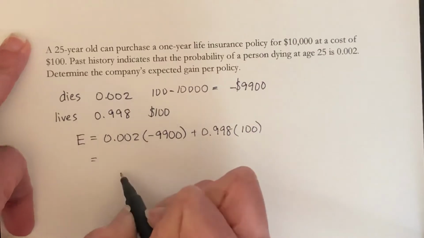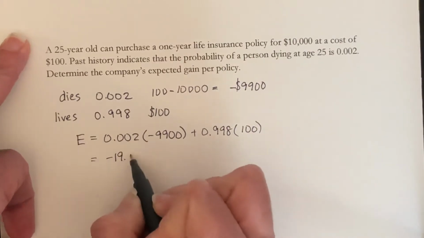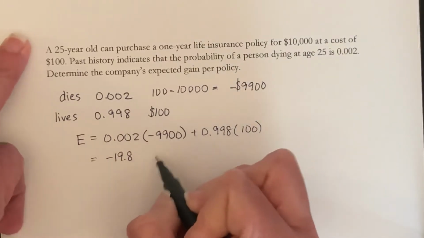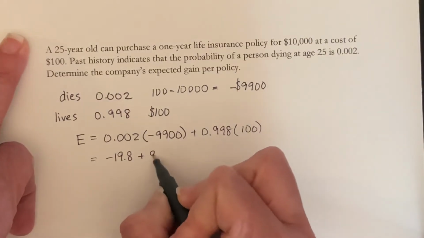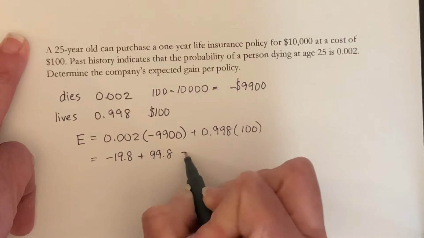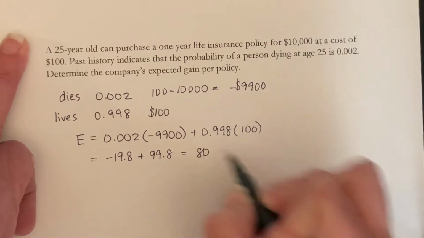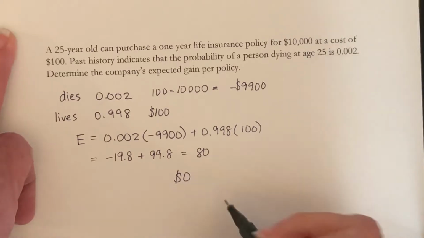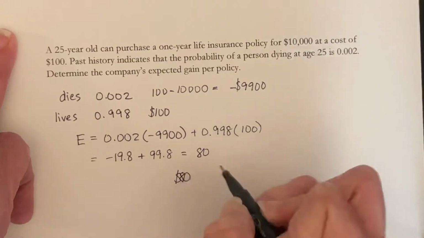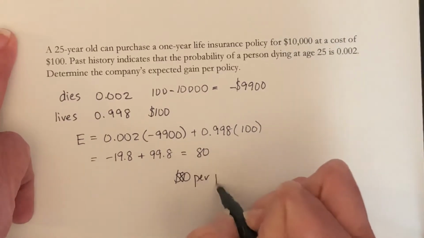Do your multiplication, that is negative 19.8 plus multiply here, you have 99.8, which gives you 80. So expected to gain $80 per policy.